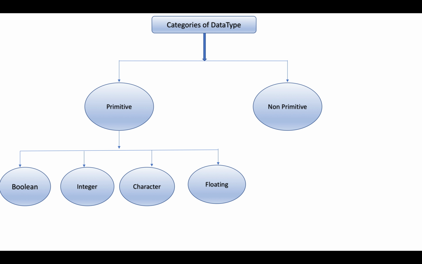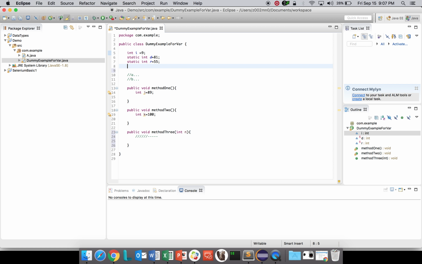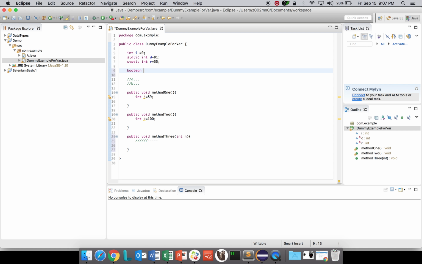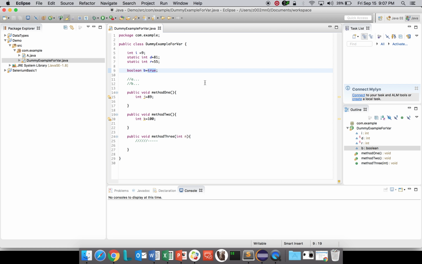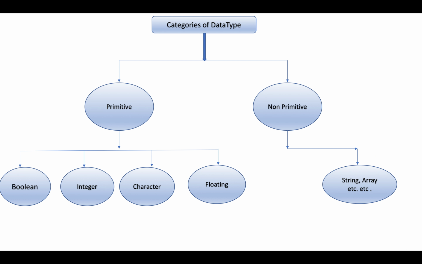It can store only two different values, one at a time. What is that? Either true or false. So Boolean can hold only true or false. Let's say the example, if I want to create boolean b equal to true. So the value of this variable b is true. So it can store only either true or false.